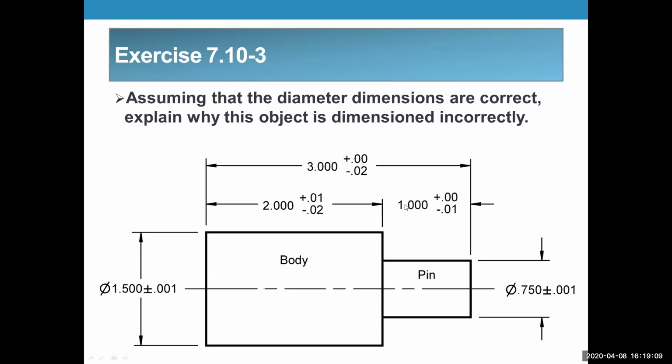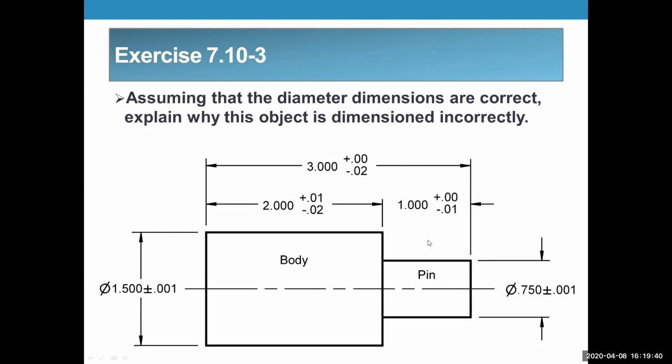If I add this to this, it's 3 inches, plus 0.01, and then minus could be minus 0.03. So that doesn't add up to this right here. The system is over-defined because we have too many dimensions. We need to get rid of one of the dimensions, whether it's this one or this one, it doesn't matter.